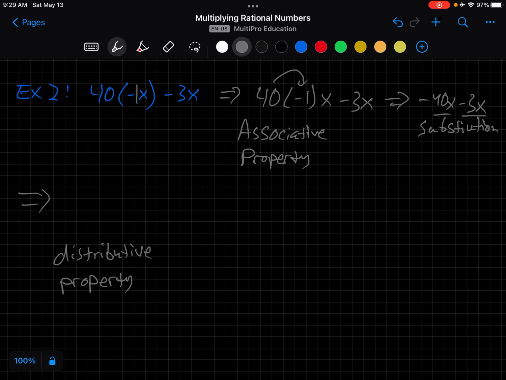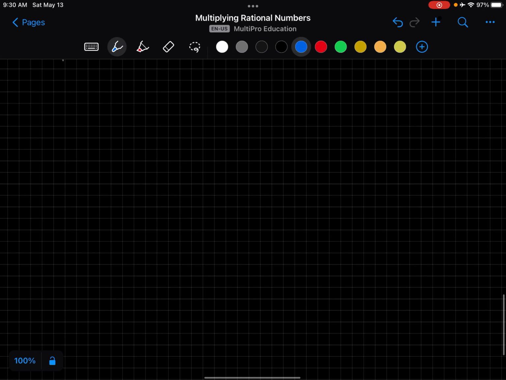All right, so we know that this is with an x and this is also with an x. So then we can combine these to say minus 40 minus 3, because this is a minus sign and this has a minus sign, times x. All right, so minus 40 minus 3, we learned this last time by subtracting rational numbers, would be minus 43x. So great job there.